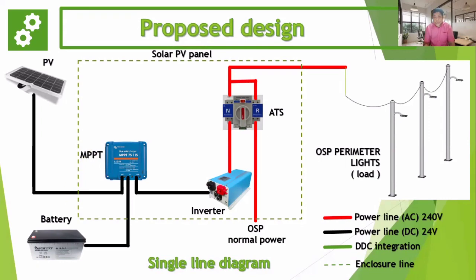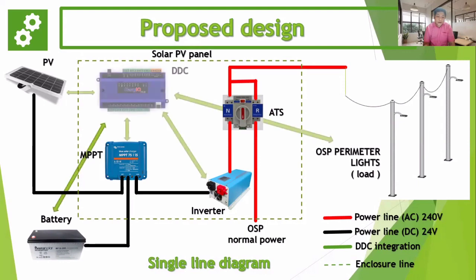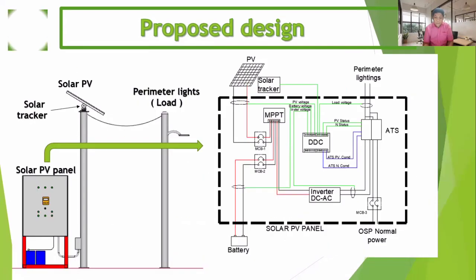For monitoring and the accessories needed for the system, we have the DDC, which monitors and controls the system to optimize its efficiency. For more understanding, here we have the solar PV panel, which is connected to our solar tracker and then supplies our solar PV panel.